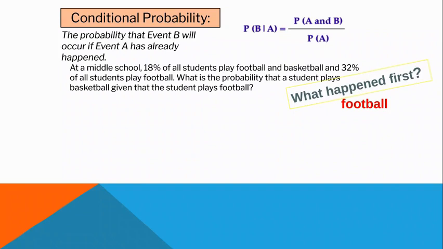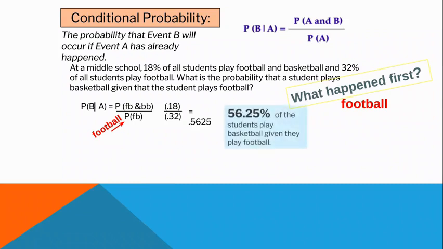So my numerator is the 18% that do both football and basketball. So 18 over 32, we're going to divide that in our calculators, 0.5625. And when you multiply that times 100, you get the percent, 56.25. So if I know they played football and I picked a person at random, there's a 56% chance that they played basketball too.